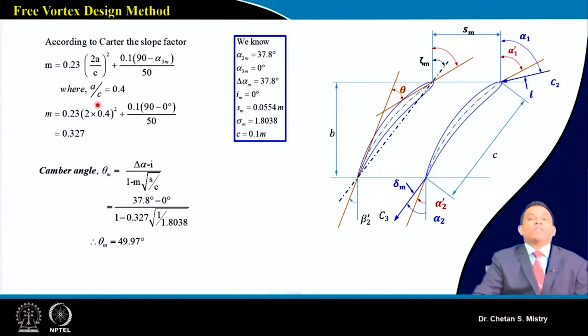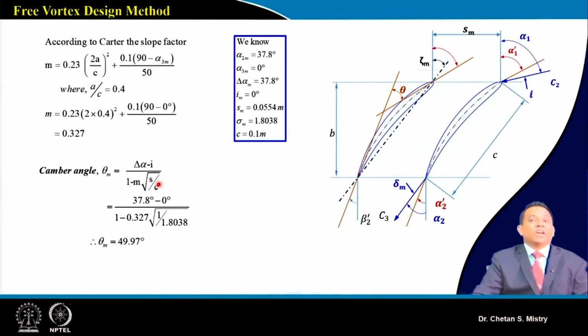So we are assuming a C4 aerofoil. For that, A by C we are considering 0.4. Putting this in as a number, we calculate our M parameter as 0.327. Once this is known to us, we can calculate the camber angle, which is given by delta alpha at the mid station minus incidence.